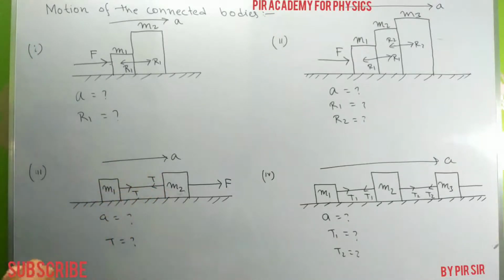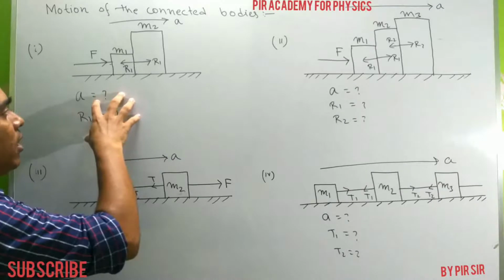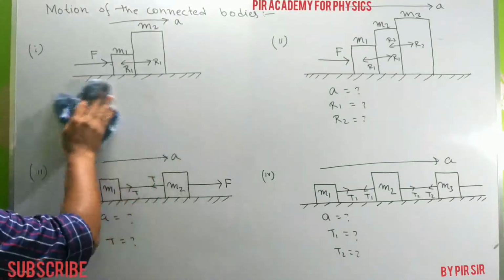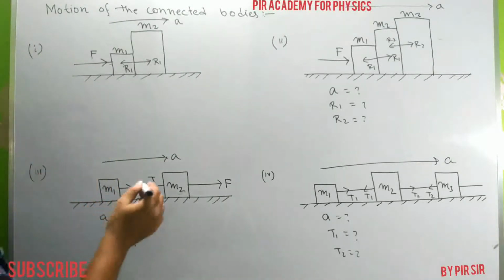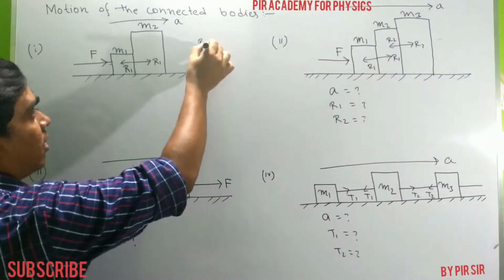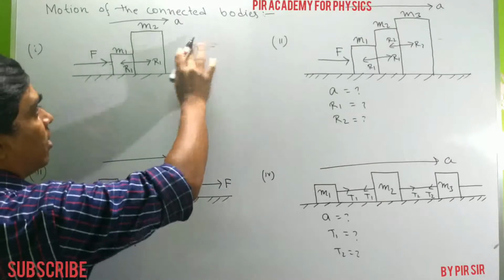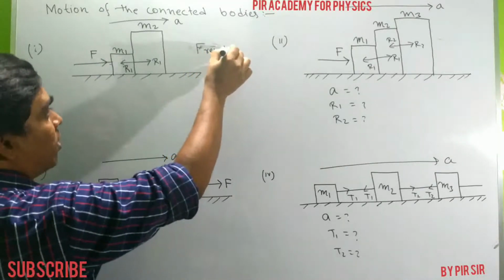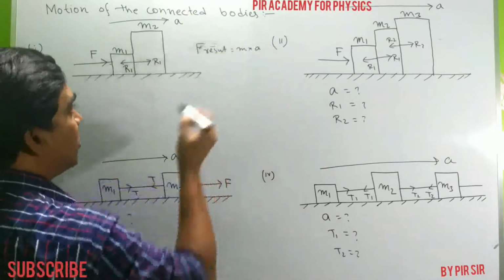It is very easy using the free body equation of motion. First we calculate the acceleration of the system. Here we use a fundamental equation: the total resultant force must be the total mass times the acceleration.